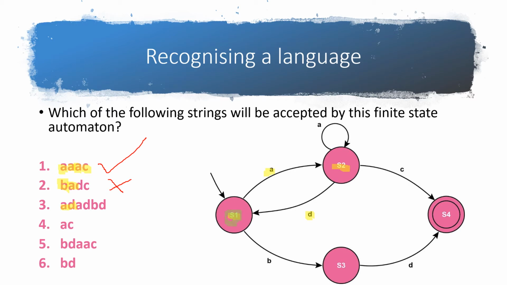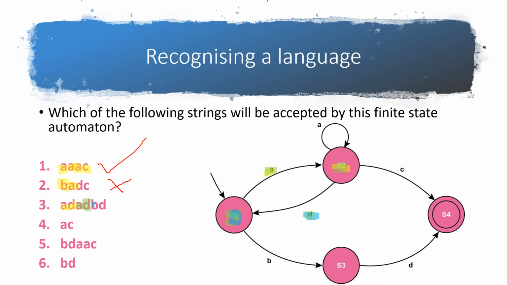Okay, and then the next character is an A, so again we've got an A there, and we're going to go onto S2. So our next character is a D, so that means that we are going to take that transition, and then we're going to be back on S1.